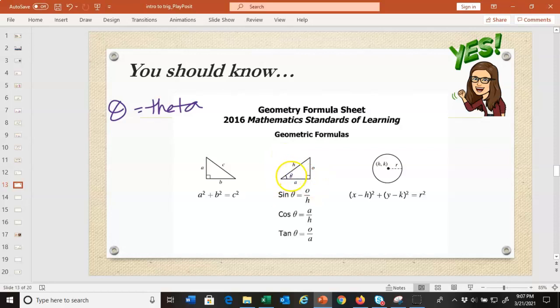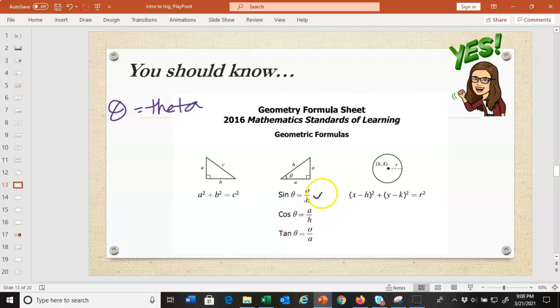So with that angle of perspective, they labeled their triangle opposite, adjacent, and hypotenuse. And then they showed you, based on that triangle's labeling, sine is opposite over hypotenuse. Cosine is adjacent over hypotenuse. And tangent is opposite over adjacent.